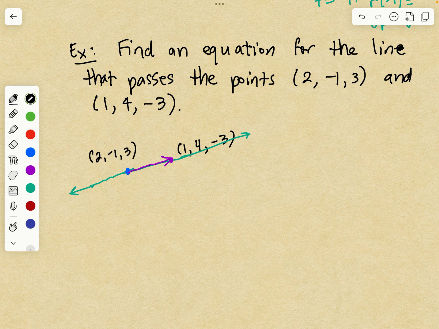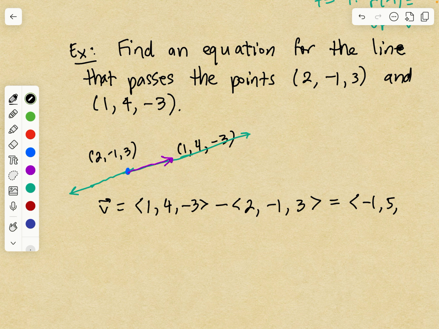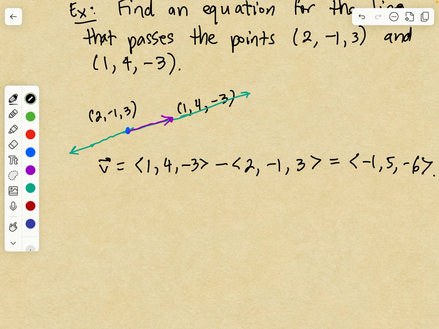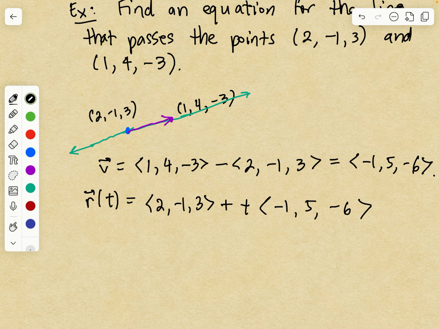So we could take v to be 1, 4, negative 3 minus 2, negative 1, 3. And that's going to be negative 1, 5, negative 6. And so a possible equation of the line is r of t equals 2, negative 1, 3 plus t times negative 1, 5, negative 6.